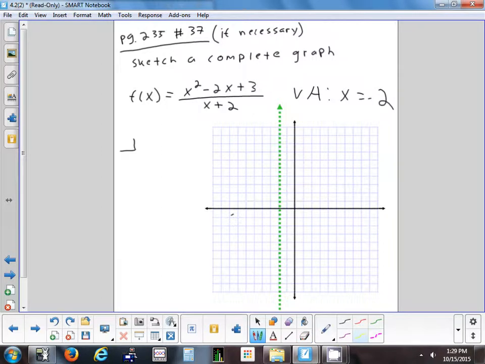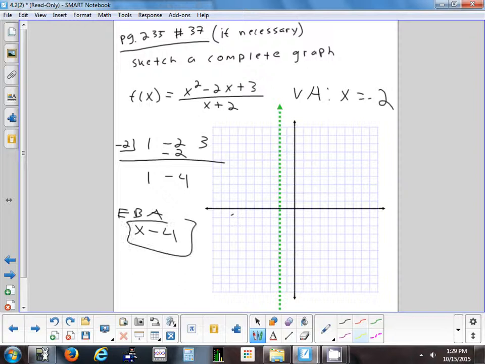What number goes on the outside? -2. Numbers on the inside? 1, -2, positive 0. Bring down my 1. Gives me -2. -4. Really, I can stop. That's my quotient. So let's just stop. What's my end behavior asymptote? X minus 4.